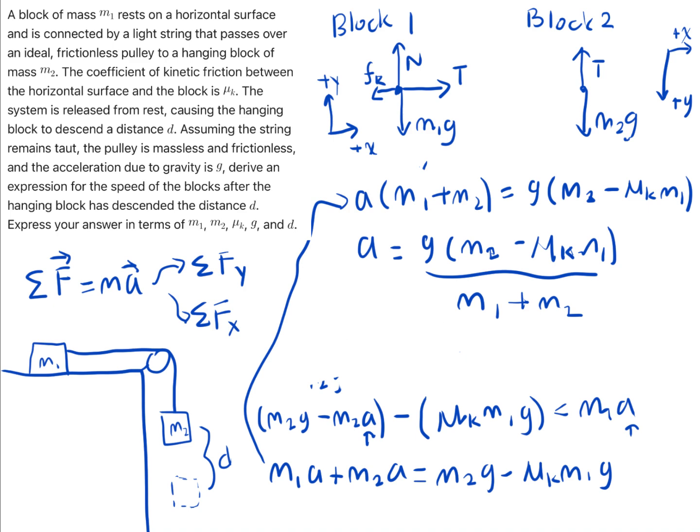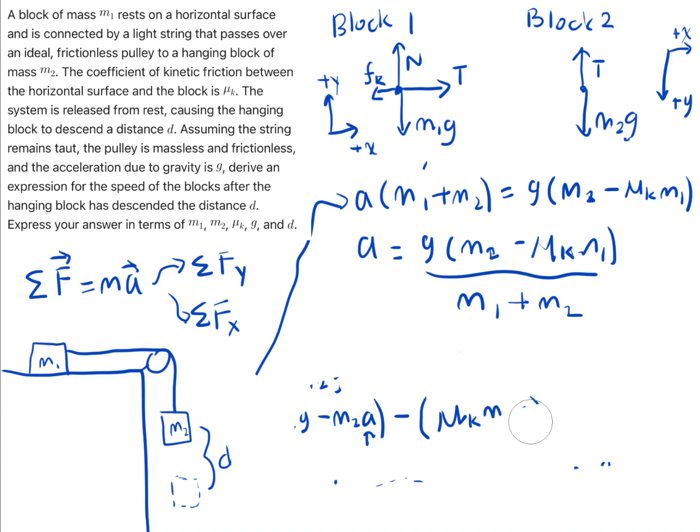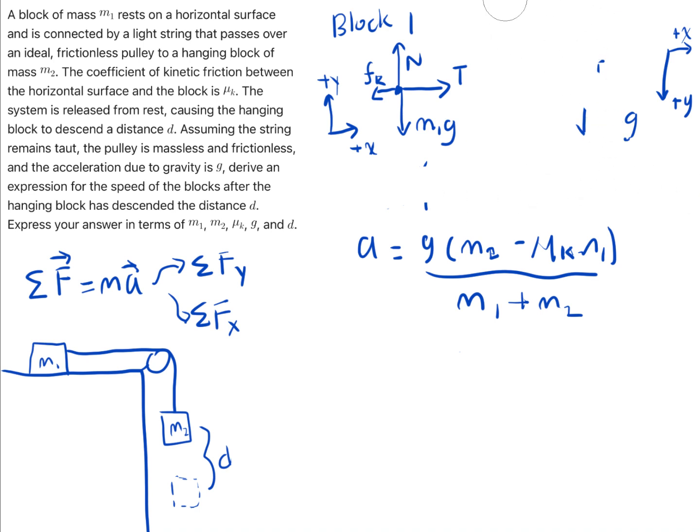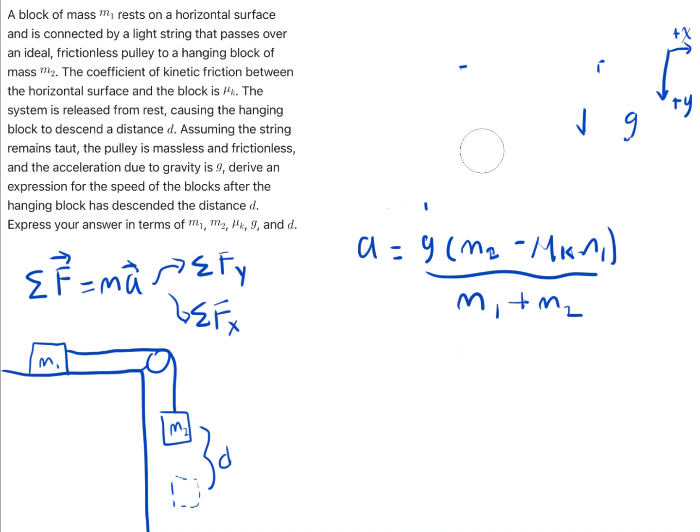So now we have an expression for the acceleration, and it turns out that it is expressed in terms of a bunch of constants. So we actually have constant acceleration. So because we have constant acceleration, we can actually use the big four kinematic equations. So let me just get rid of all this to make more room.